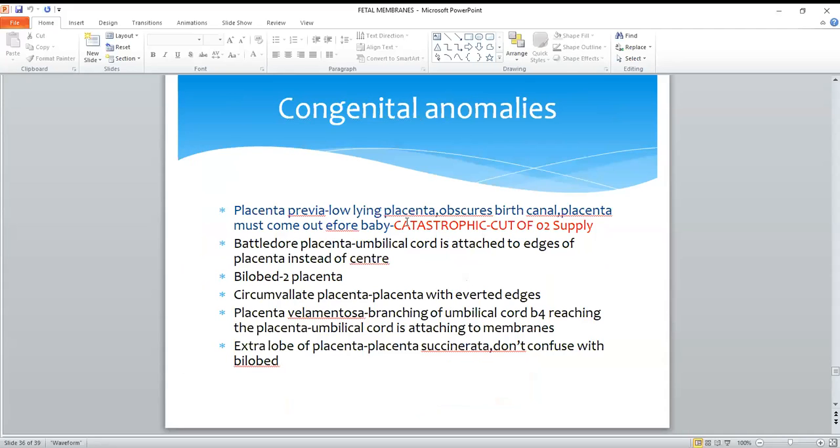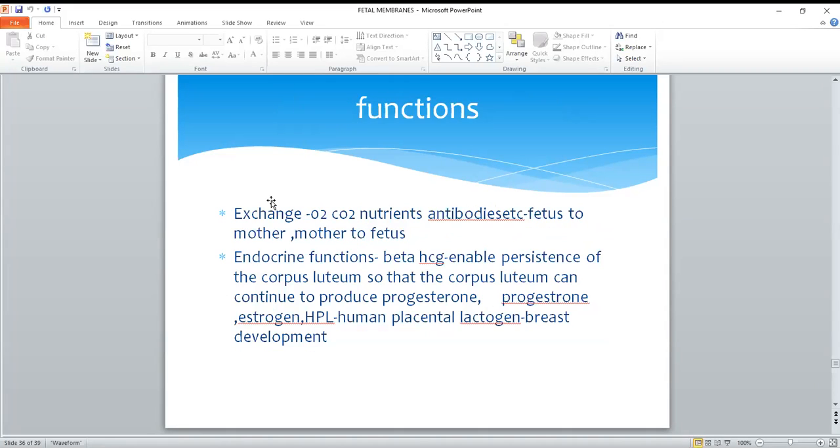See, placenta previa is a low-lying placenta. It obscures the birth canal, so the placenta must come out before the baby. And when the placenta comes out before the baby, you will definitely cut off the oxygen supply. So this is placenta previa.